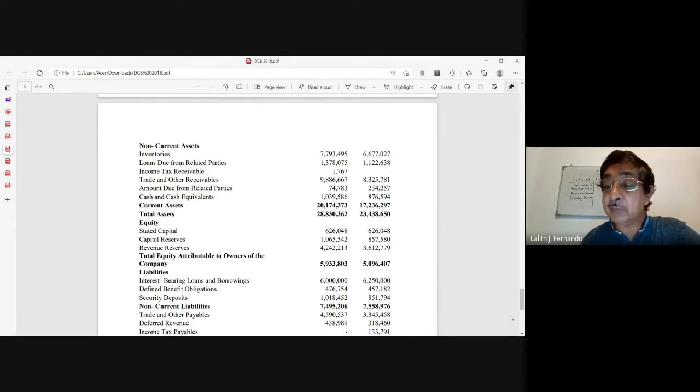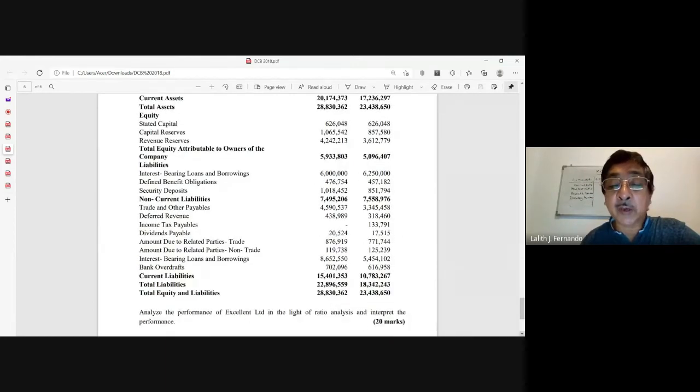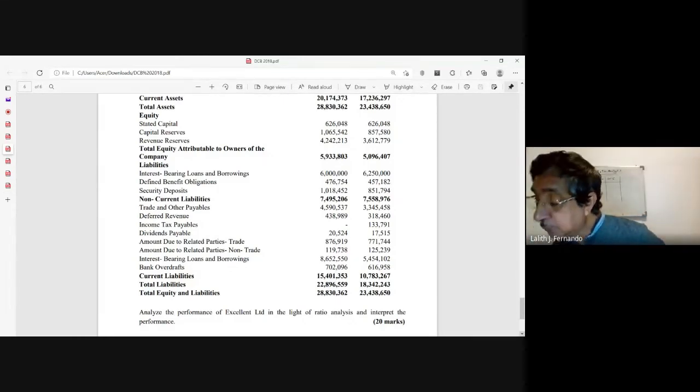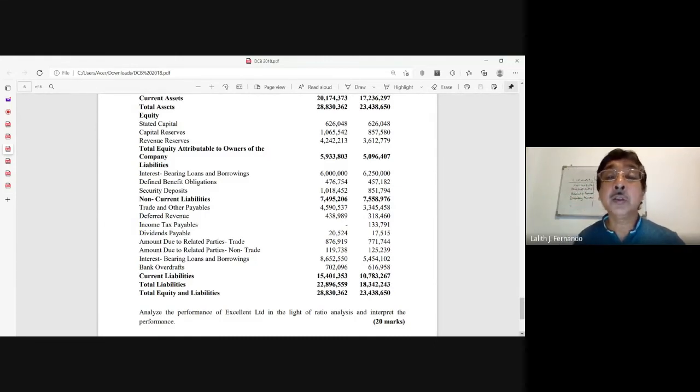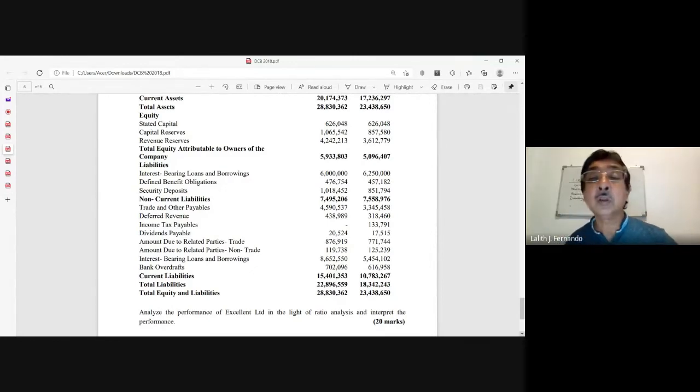Then it has to be divided by current liabilities, 15,401,353. So you get 20 million 174,373 divided by 15 million 401,353.